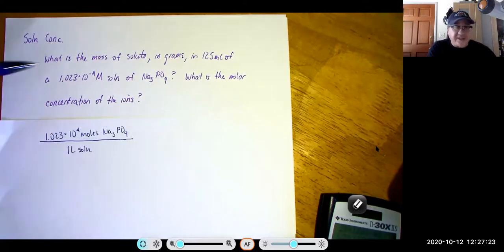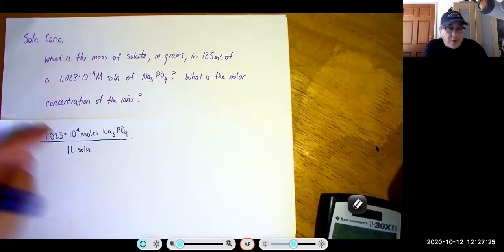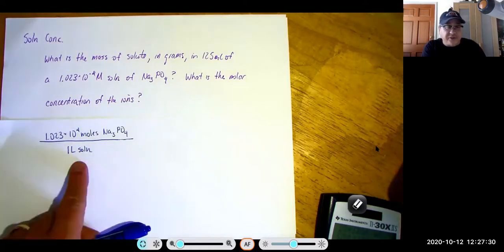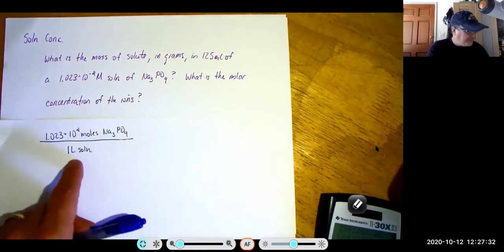This uppercase M always means moles of the solute per 1 liter of the solution, 1 liter exactly.